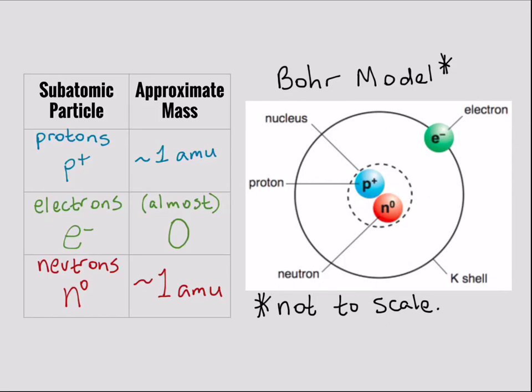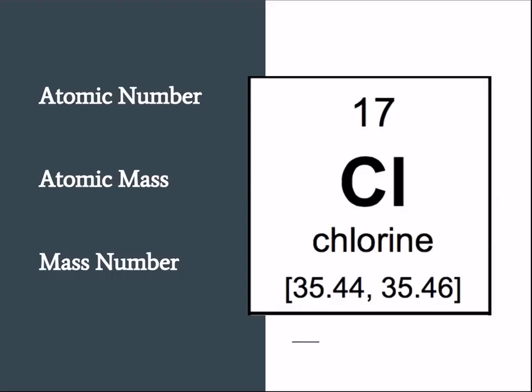All right, so let's take a look at the periodic table tile that you have in front of you for chlorine. And let's talk about each of those things. First of all, chlorine, right smack dab in the middle, has an element symbol of Cl. And then what do those other numbers mean? The first one, the top one, is the atomic number.